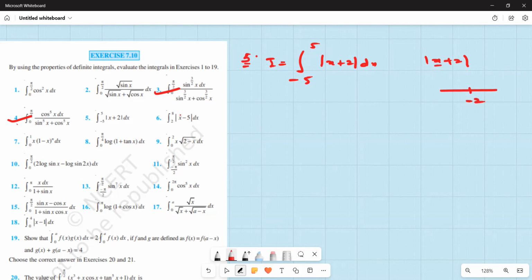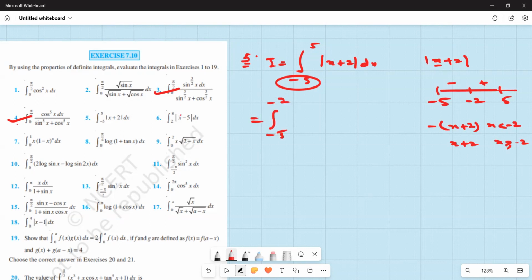So to the left of minus 2 it is negative, and to the right of minus 2 it is positive. So minus of x plus 2 when x is less than minus 2, and x plus 2 when x is greater than or equal to minus 2. The limit is from minus 5. Minus 5 is on the left, and 5 is on the right. Clear? So what will you do? Minus 5 to minus 2, it is minus of x plus 2. And from minus 2 to 5 it is plus.